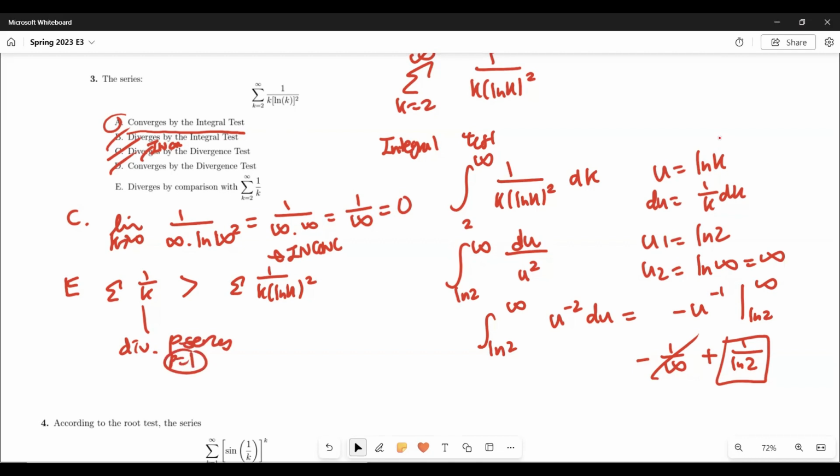So this bigger one diverges. And if you remember your comparison test, it has to be the smaller one diverges to tell the bigger one diverges. So if you know the bigger one diverges, you don't know anything about the smaller one. So this is also going to be inconclusive. So E is also not right.